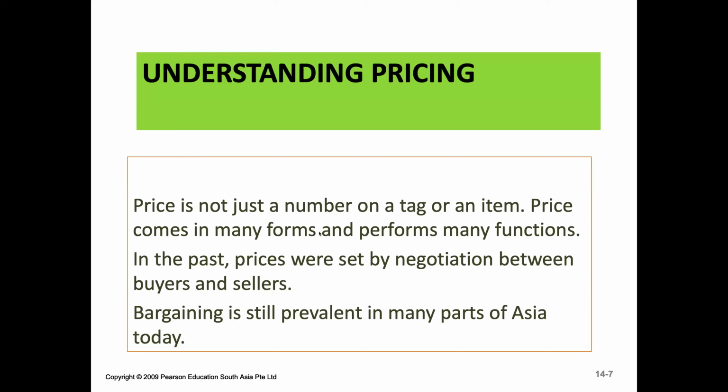You may know that in the past we used to trade goods. So the pricing was set between the buyers and the sellers. For example, if I sell you one chicken, I will exchange it for one duck. But then money came. So then everything was converted into money and price.